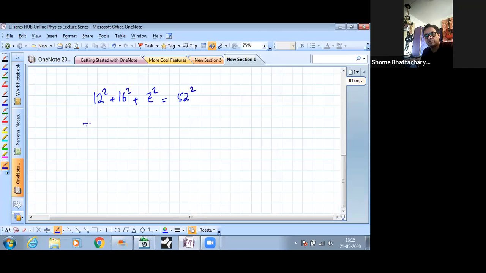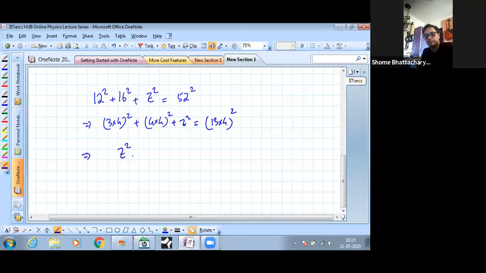So what we can see here is that there's a common multiple of 4 everywhere. So we can make use of that over here. That will just make the calculation of the whole thing easier.